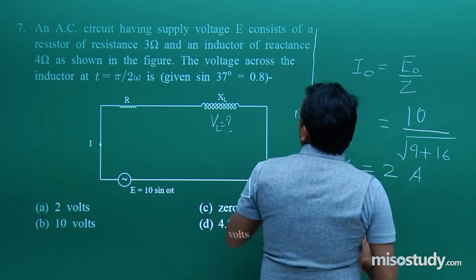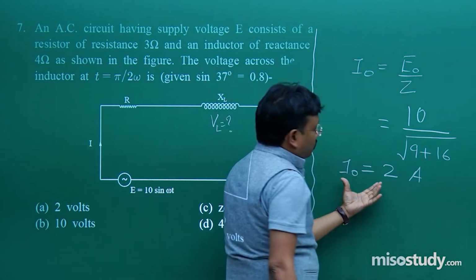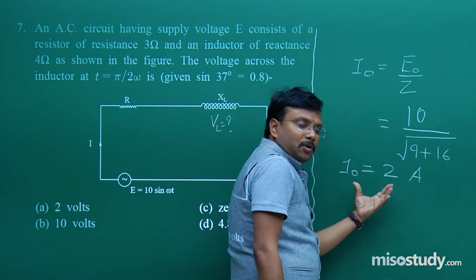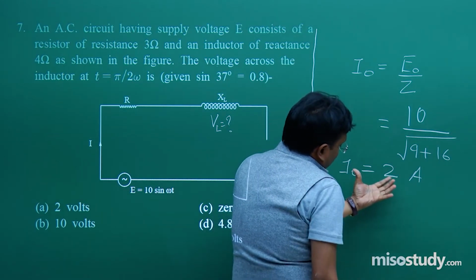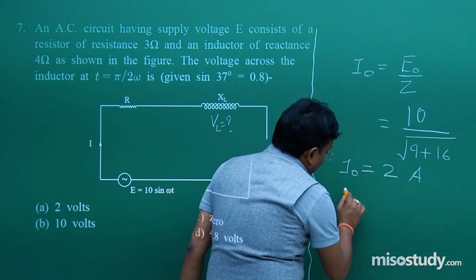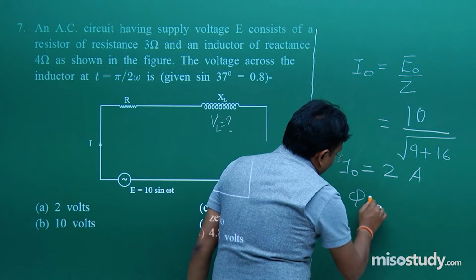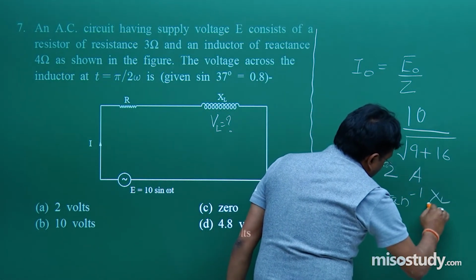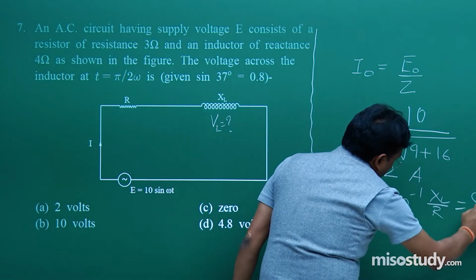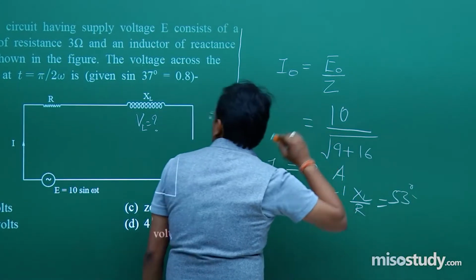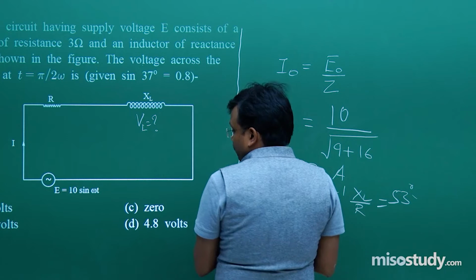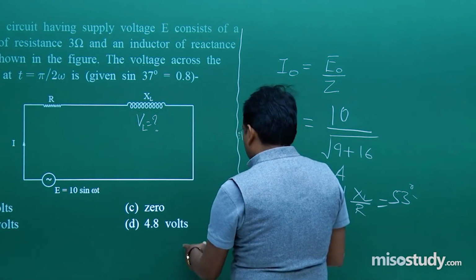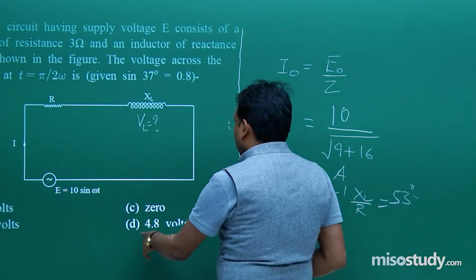But you have to find the voltage. So, current will definitely help you to find the voltage, and how you can find it? Phi is equal to tan inverse XL by R, that will give you roughly 53 degrees. Fine. So, the correct answer is D, 4.2 volt.